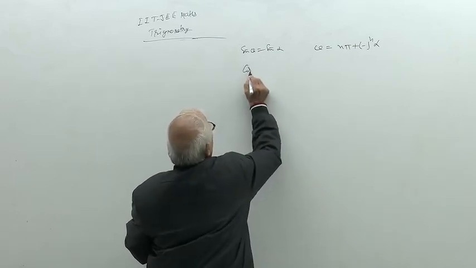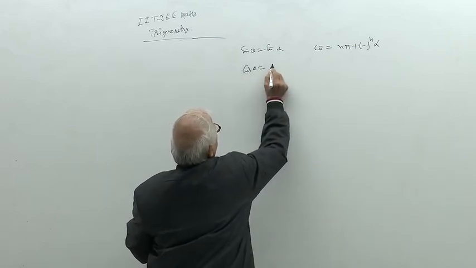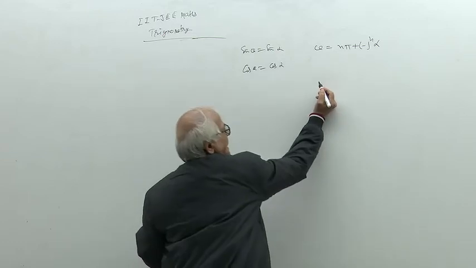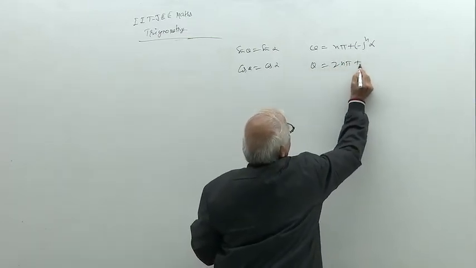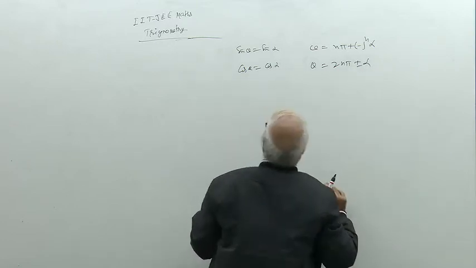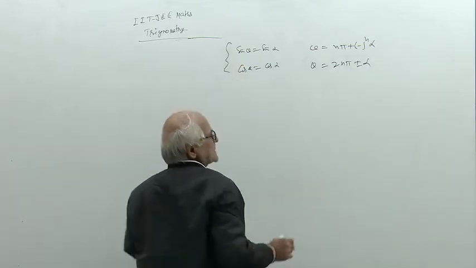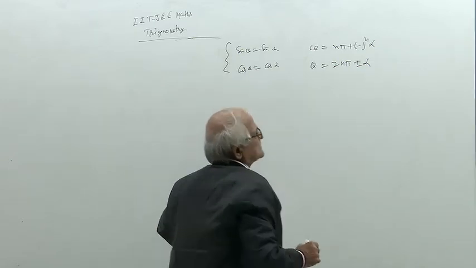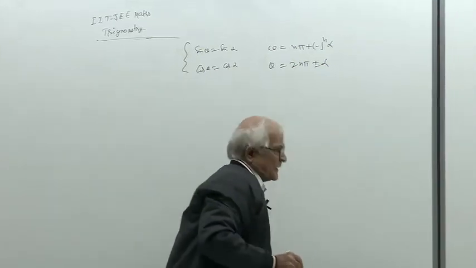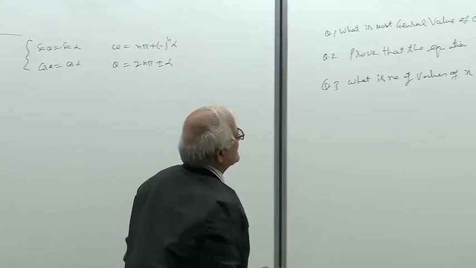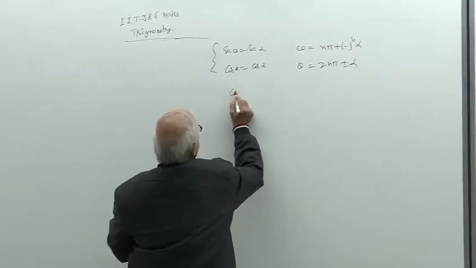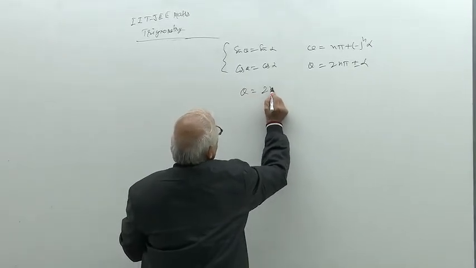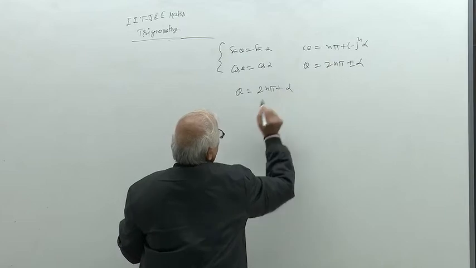And for this equation we have the general solution theta is equal to 2n pi plus minus alpha. But for both we have the formula 2n pi plus alpha, and for the combined we have the general formula is equal to 2n pi plus alpha.